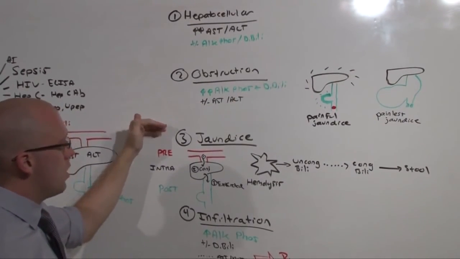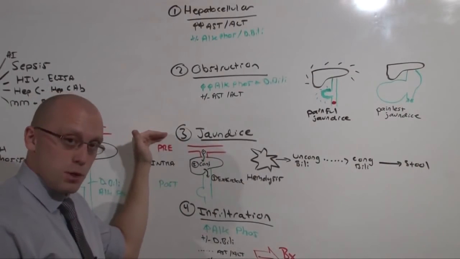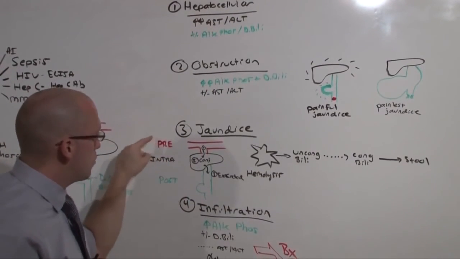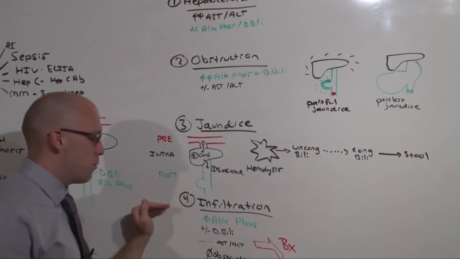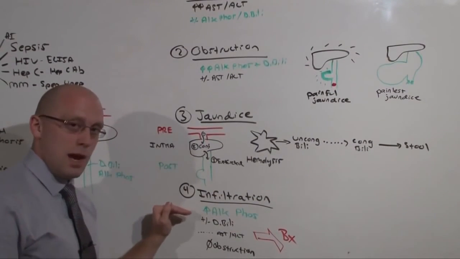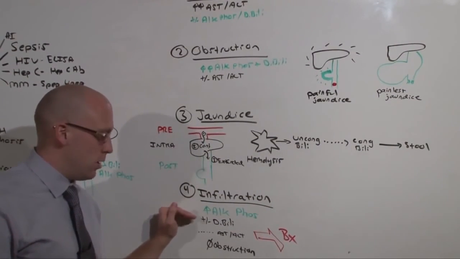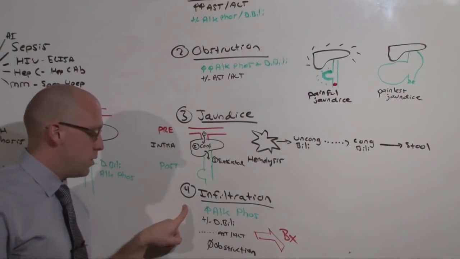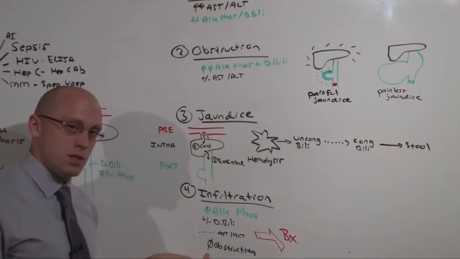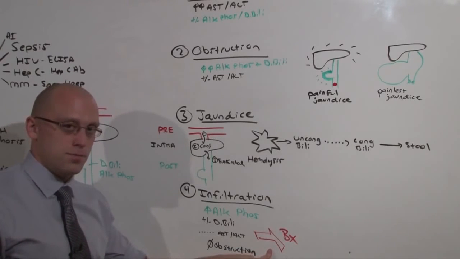Jaundice, which is going to be isolated elevation of bilirubin, and it's up to you to determine if it's pre, intra, or post-hepatic. And finally, infiltrative patterns, primarily alk phos without D. bili, without AST and ALT. And this is going to be the tricky one, and if you identify this, you'll save a lot of unnecessary tests by getting the biopsy.